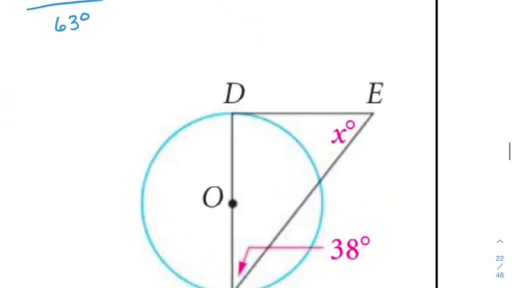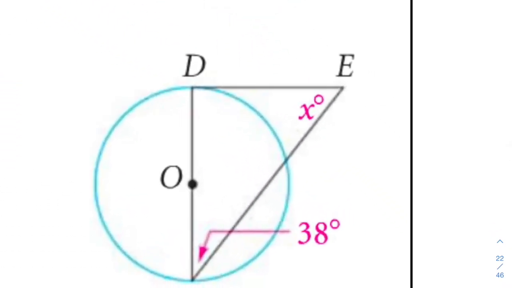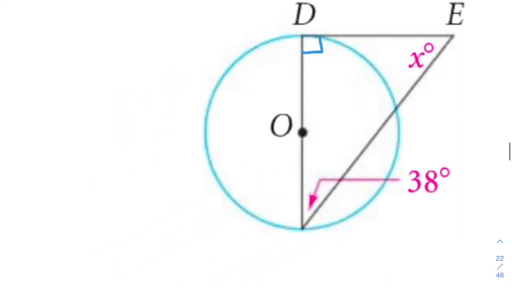Here's another one where you have a tangent. So DE is tangent. So we're going to put that in here. That's 90. And you already have 38 on the other side. This is a triangle, so we're going to add 38 and 90, and we're going to get 128 degrees.